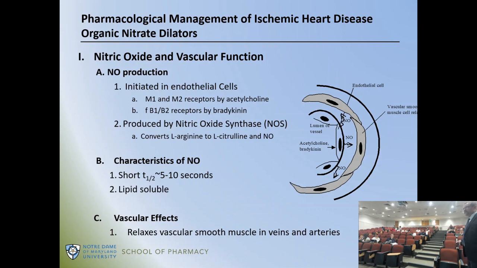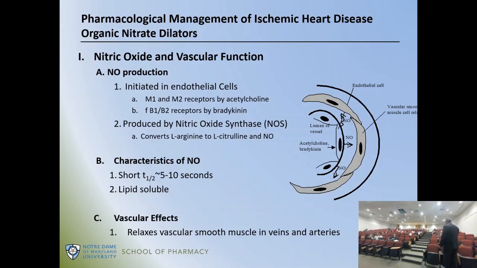Now, vascular effects of nitric oxide. This is so important, star this, because this is the basis for how your nitrates work. Nitric oxide will dilate both arteries and veins. It's actually a very good venodilator.